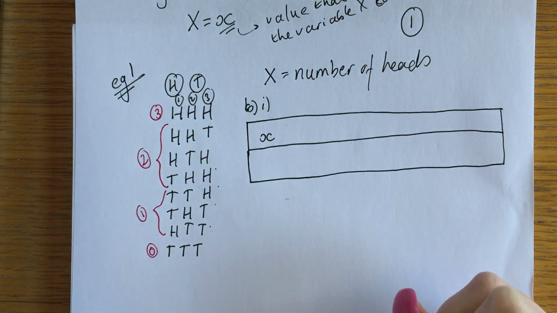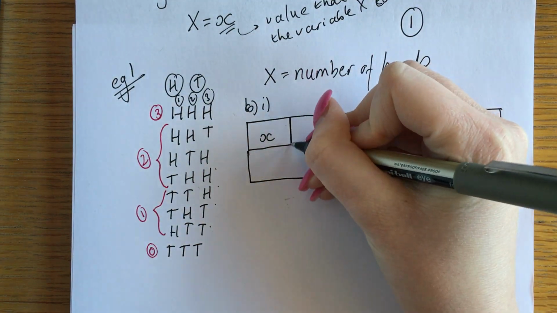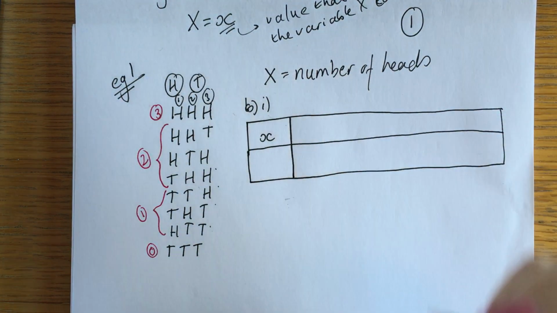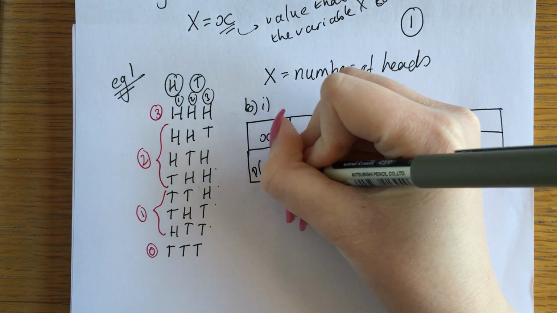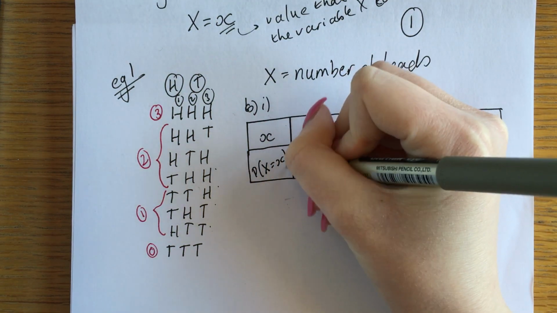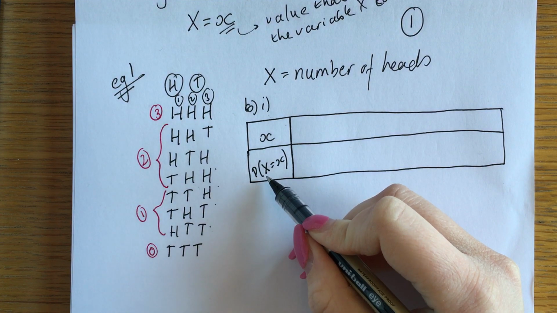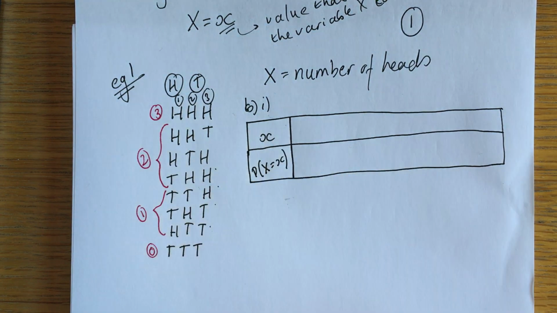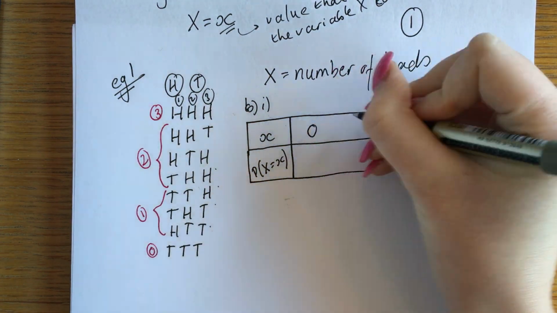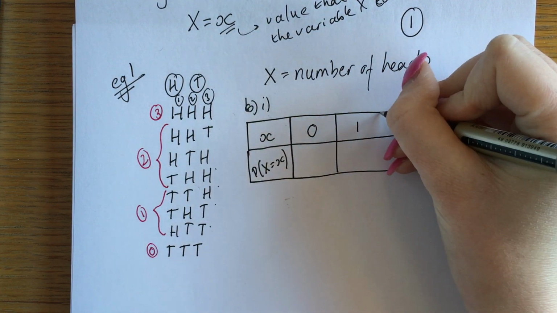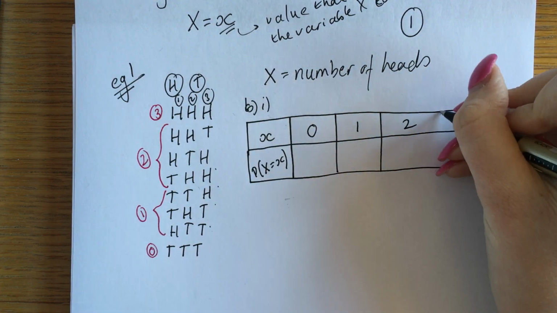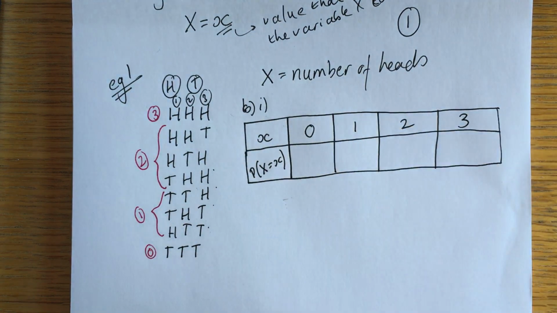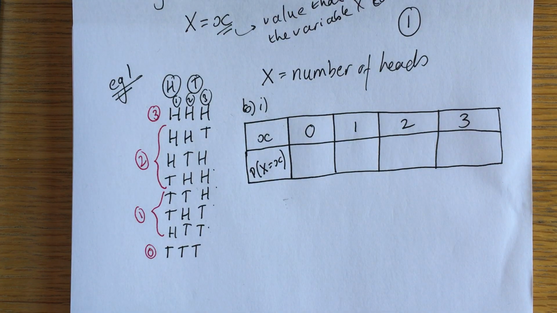On the top I've got x, so I'm using lowercase x to denote a particular example of that variable. And then underneath I've got the probability when the variable X is equal to this particular value. So I've got 0, 1, 2, 3 heads. So this, we're going back to probability basics.